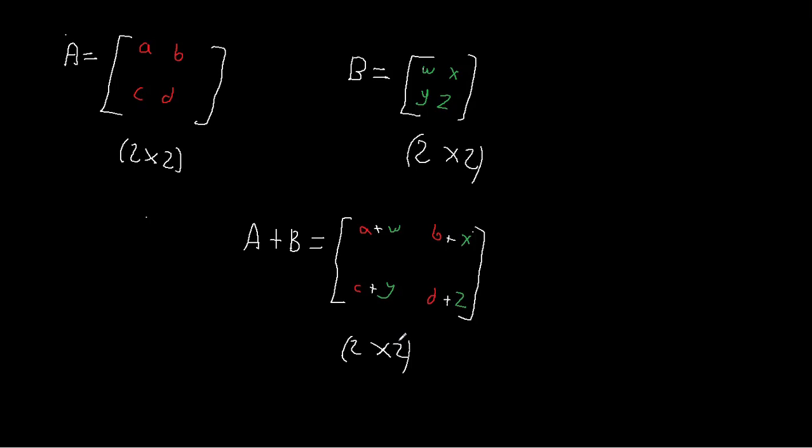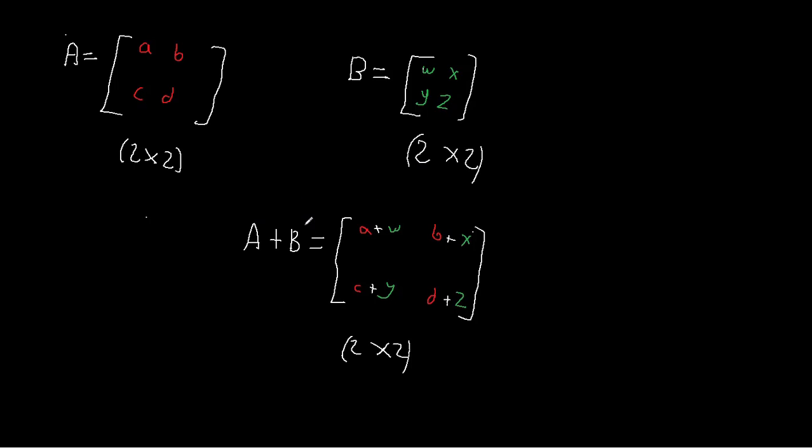2 rows, 2 columns. I just realized maybe you're unfamiliar when I'm saying the term element. I don't think we actually defined that. An element is just a single value in a matrix. So A, in this case, is an element of the matrix. D is an element of the matrix. W is an element of matrix B, and so on and so forth. So an element is just an individual value in a matrix.